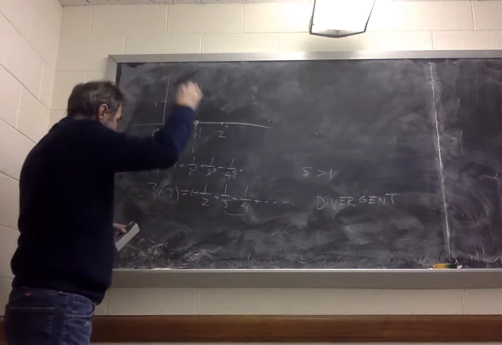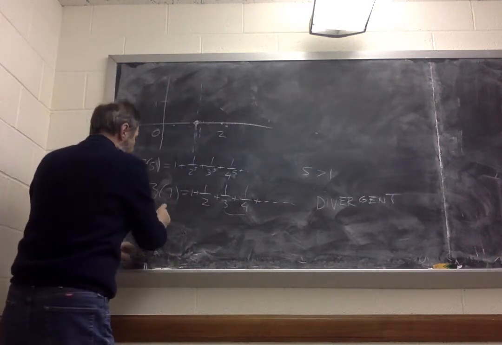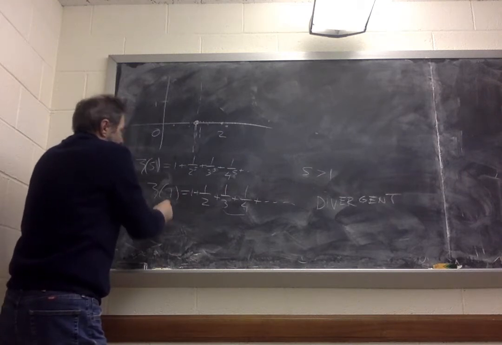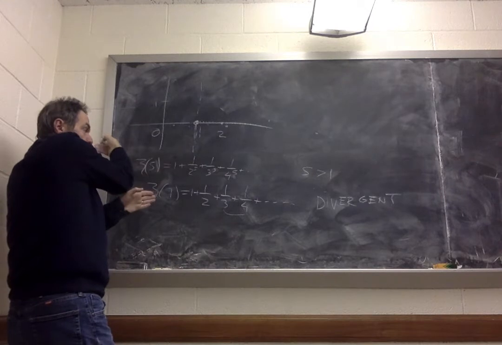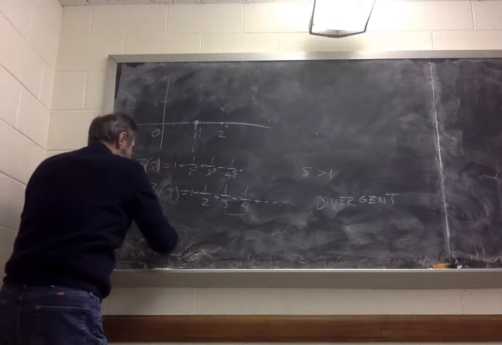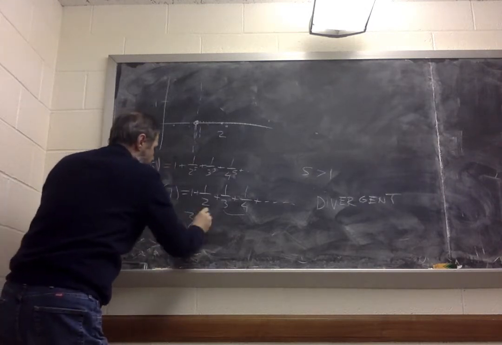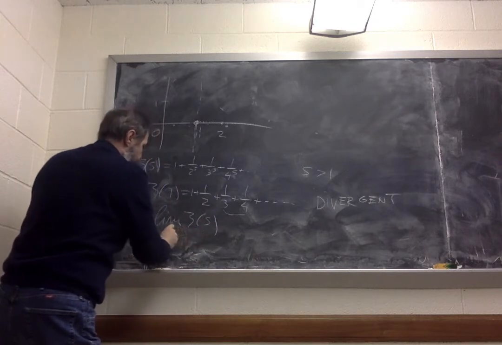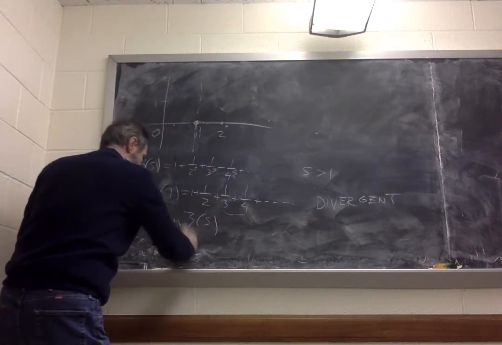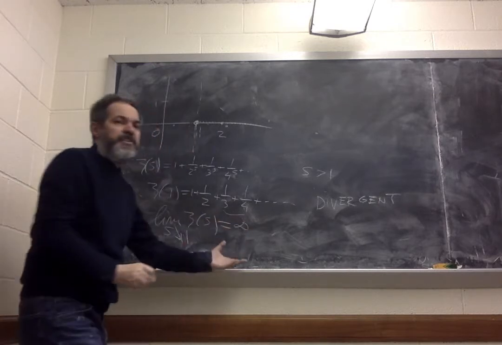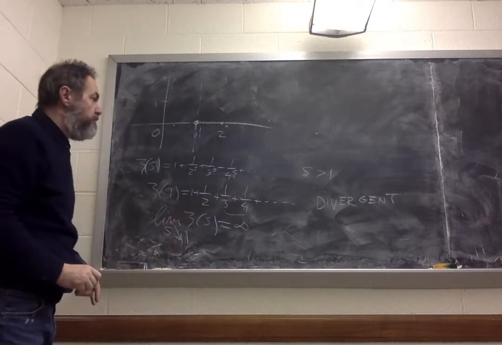And because this diverges, what Euler noticed is that if you take s to be larger than 1 but approach 1, then of course the limit of zeta of s as s approaches 1 but decreases to 1 is plus infinity. The limit is infinity.